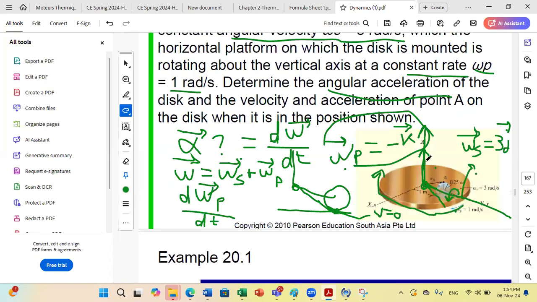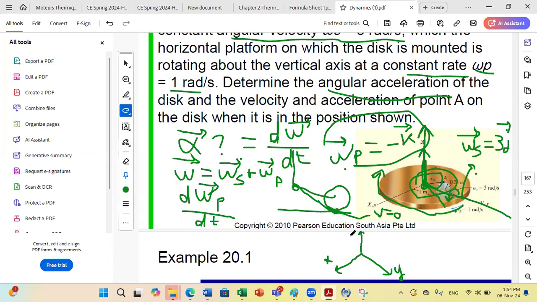this axis, small z, will always be along this direction. Look, small x, small y, small z will rotate with the axis of the disk. But the axis of the disk is rotating in the xy plane, so what will change in position is small x and small y. For example, if the axis is here, this is small y, this is small x, and this is small z at position 1.